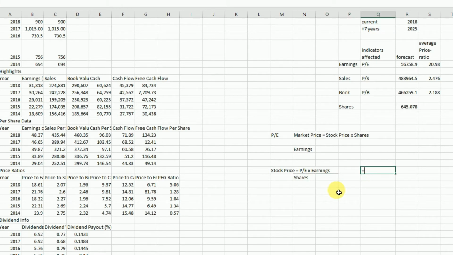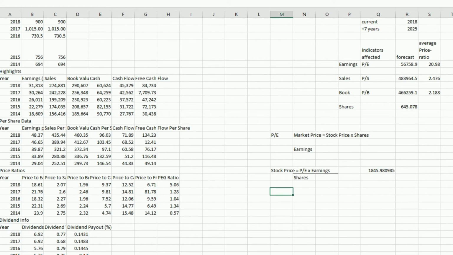So now that becomes simple because you will just have to get the price earnings, multiplied by the earnings, which is forecasted also, and divided by number of shares. Number of shares will be this one. Now, we have to look at it from this perspective. Earnings is in millions, but the shares is also in millions, so it cancels out. That's why this is correct, 1845.